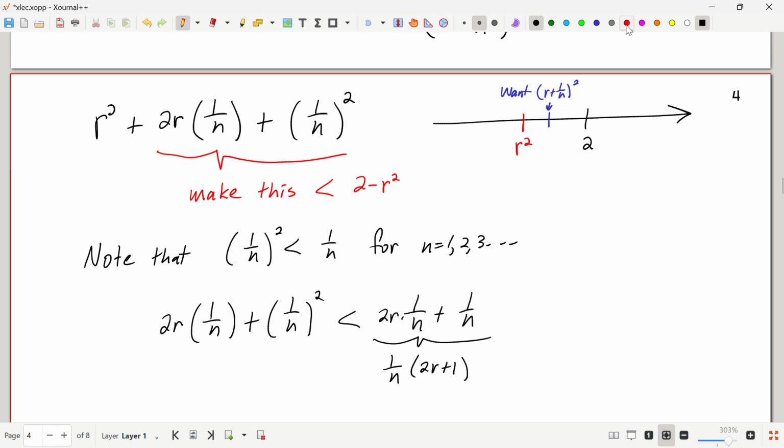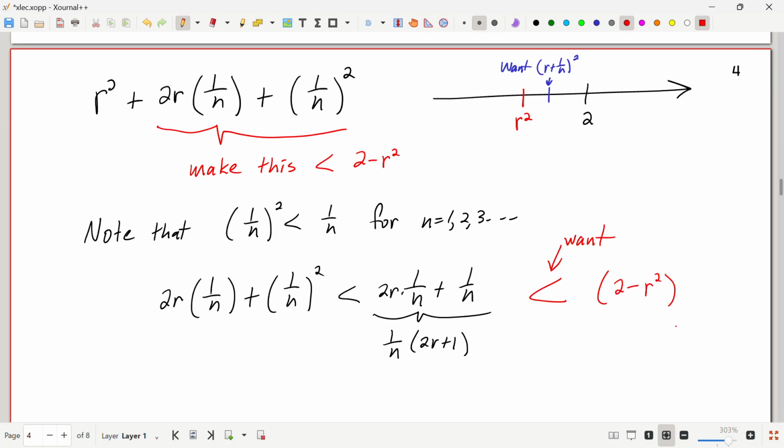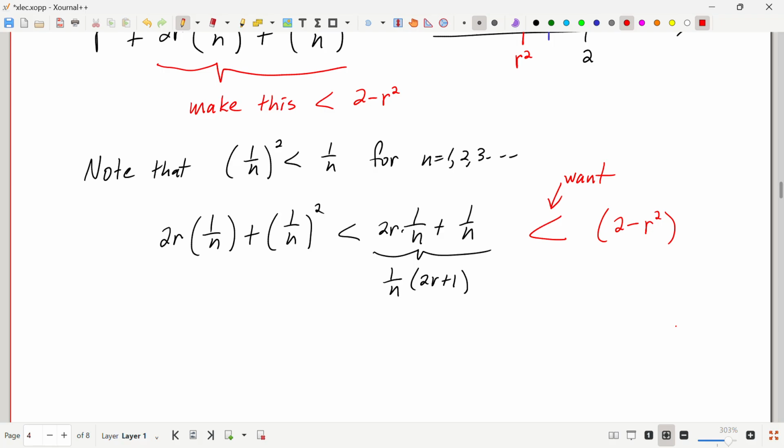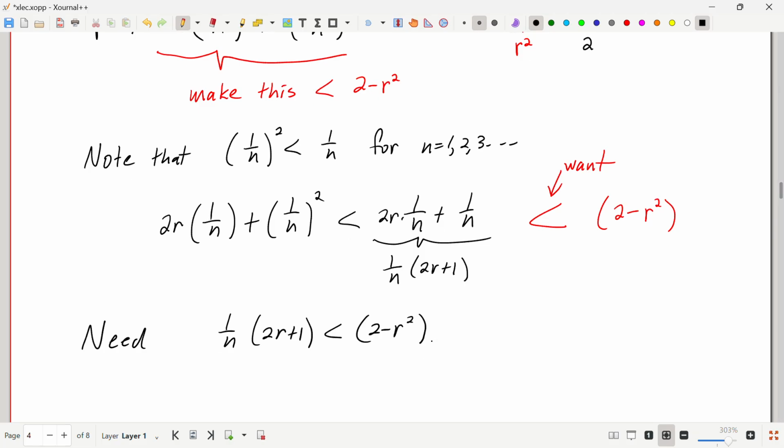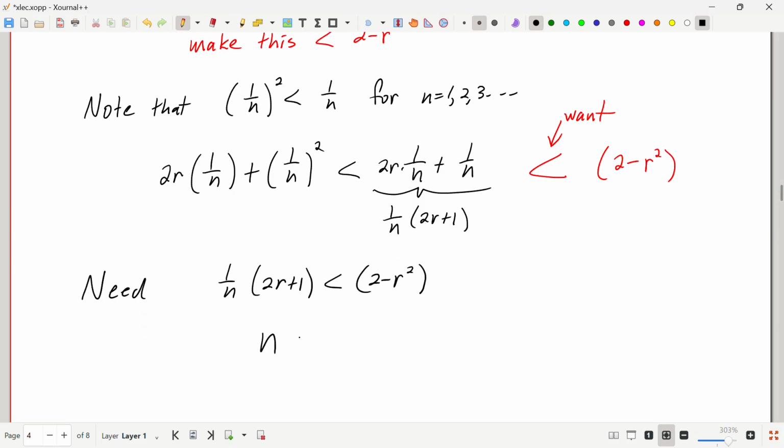And I want that to be less than 2 minus r squared. Which means I need n to be bigger than 2r plus 1 over 2 minus r squared.